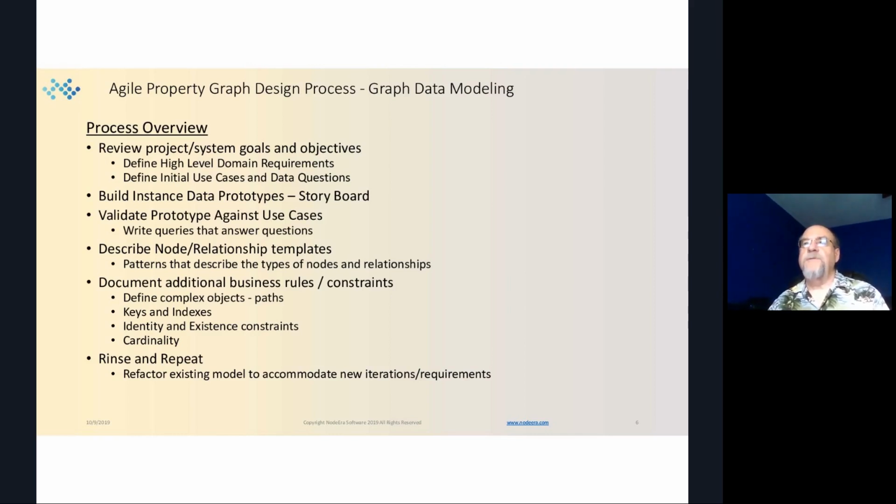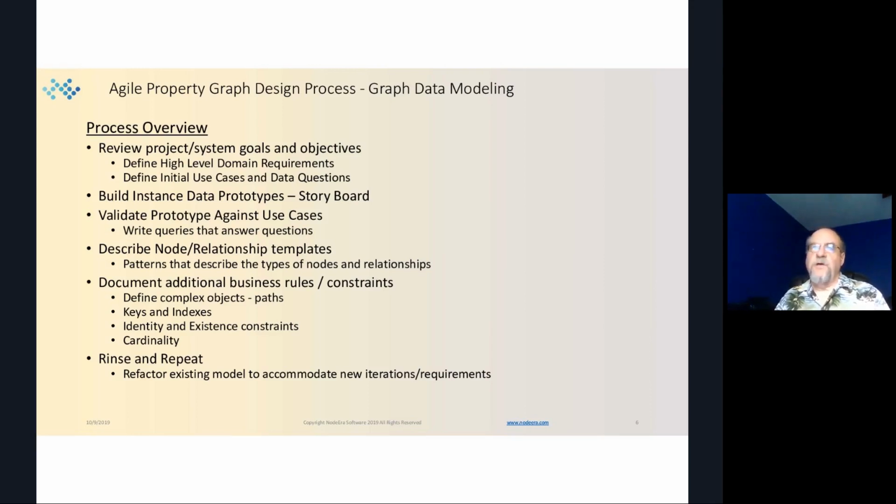Once we describe these templates, you then go on and add further technical information. What kind of constraints do you want to add? Business rules, constraints. Do you need to define indexes? You want to document what I call complex objects, or essentially paths.